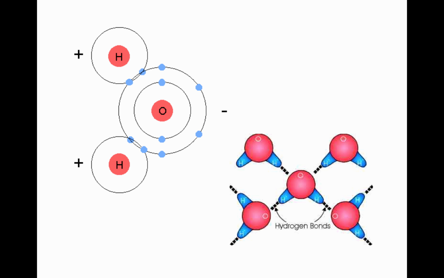And then you see those little black lines connecting. They're not connecting, they're not sharing electrons. But there is a negative end, the oxygen, attracted to the hydrogen end, which is positive. Thus, the hydrogen and the oxygen are attracted to each other.